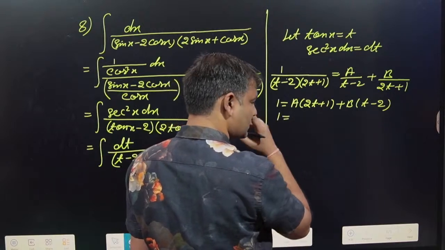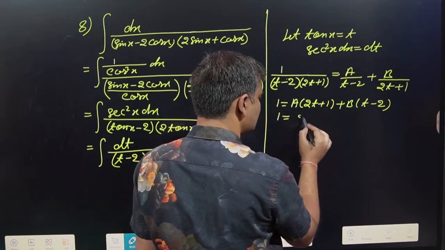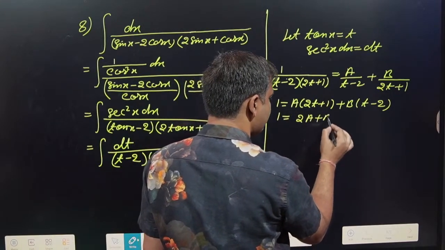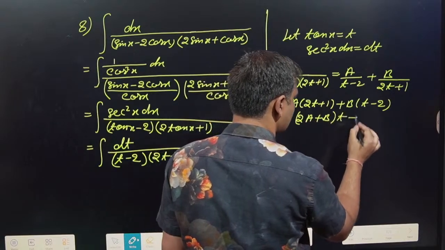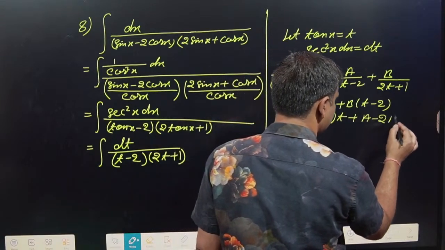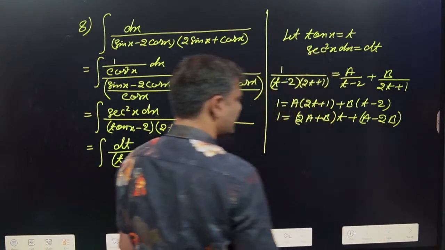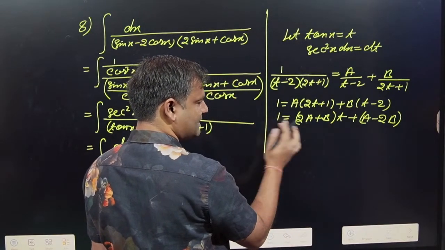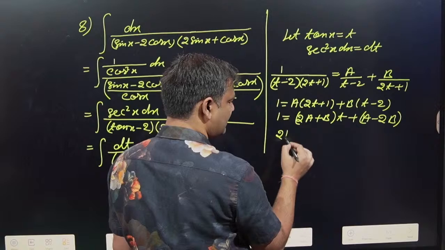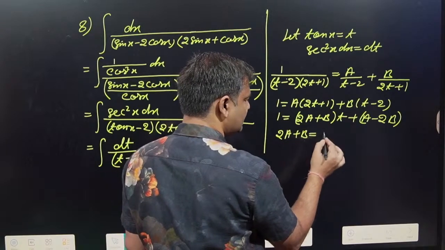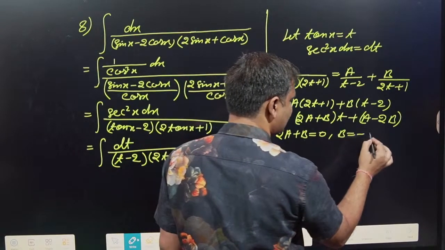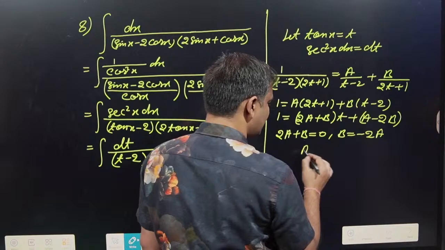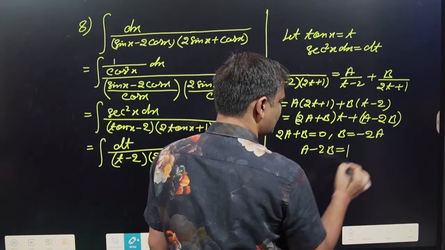So 1 will equal (2A plus B) into t plus (A minus 2B). Now compare. The coefficient of t on the left hand side is 0, so 2A plus B will equal 0. So B will equal minus 2A, and A minus 2B will equal 1.